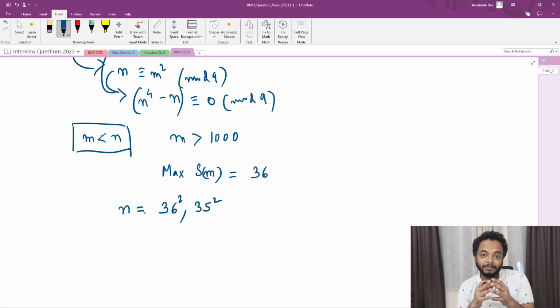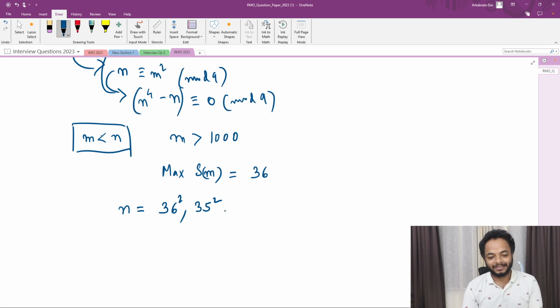Because I'm squaring Sm to get n. So Sm can be 36 at most, so that means 36 square. If Sm is not 36, it's 35, 35 square. If Sm is not 35, then 34, 33 and so on.